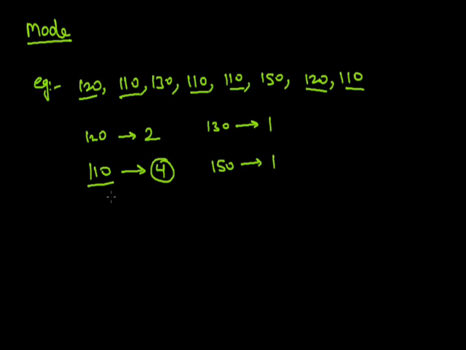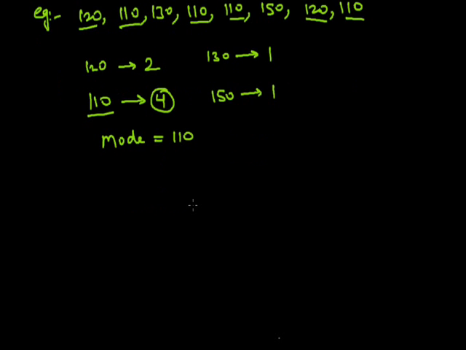Therefore the mode of all these observations is 110, because 110 has the highest frequency. The observation having the maximum frequency will become the mode of all the given observations. So this is the way to find the mode.